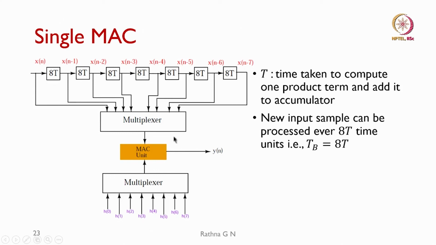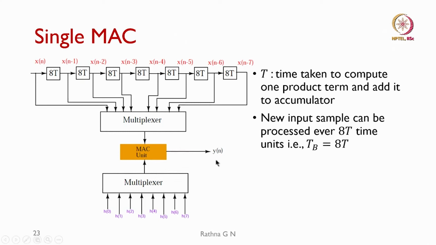These are fed through the multiplexer, and then this is my MAC unit, because I have a single MAC, I have to do all these 8 operations. And then how am I going to feed in my coefficients? H0 to H7 are fed through another multiplexer, appropriately whenever the data is there. I will be doing the multiplication and accumulation in a single block in this case.